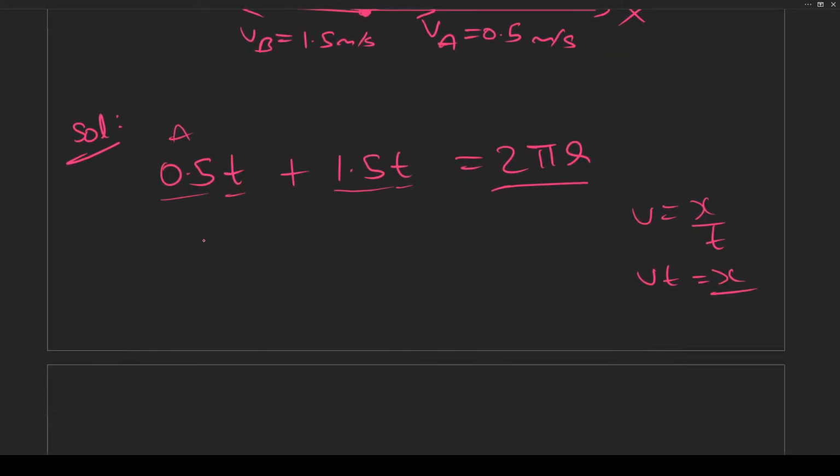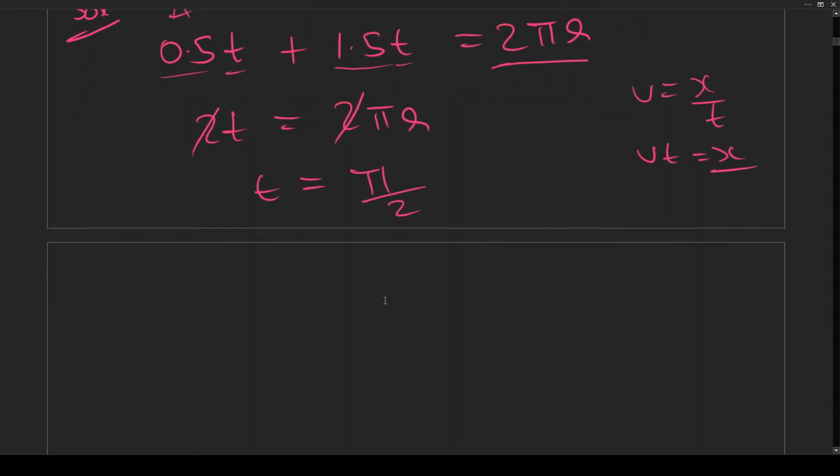And if we take 2t, which is equal to 2 pi r, t is equal to pi times 0.5, 0.5 is radius, so we can write it as pi by 2.